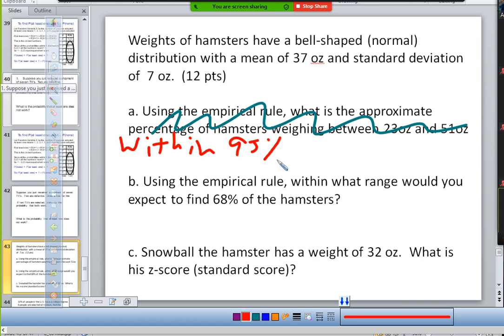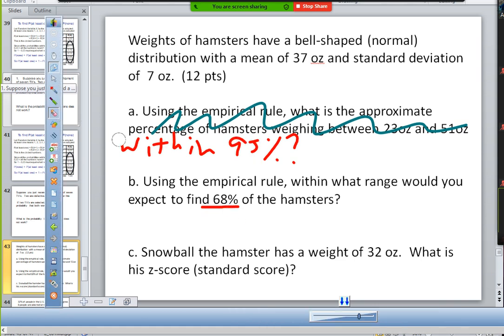The 95%. So do B first, and then do A. So B is, within what range would you expect to find 68%, and then we'll say 95% up above it.